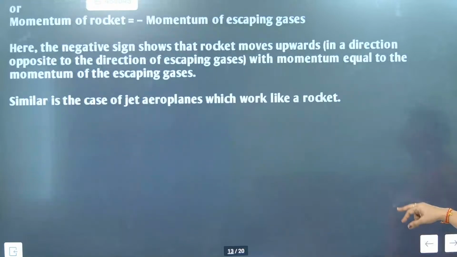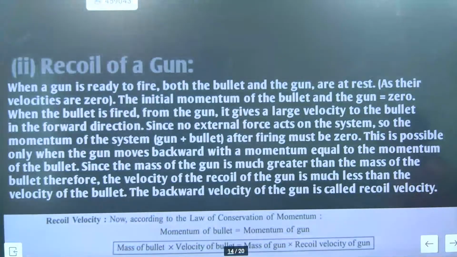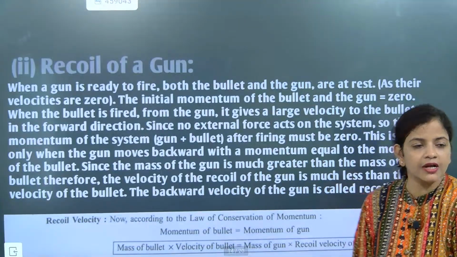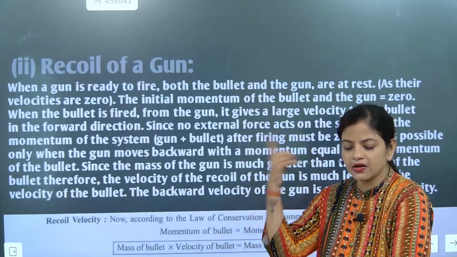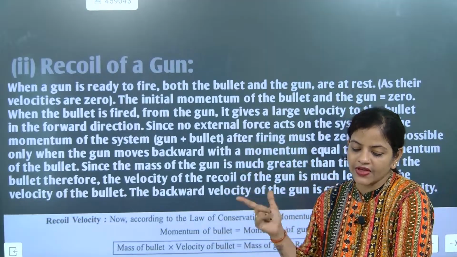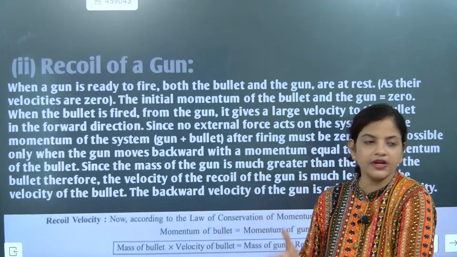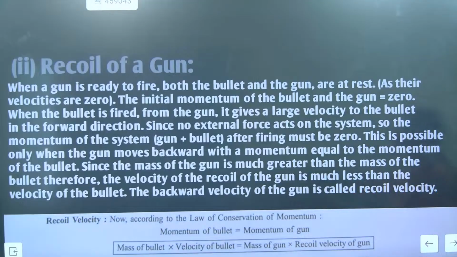Similarly in the case of a jet plane, that same concept also works. Recoiling of a gun also, beta, gun plus bullet. Understood? Gun plus bullet. Again equal and opposite. And when they are working together, again the net force will be 0. So that is again the case of conservation. When a gun is ready to fire, both the bullet and the gun are at rest.